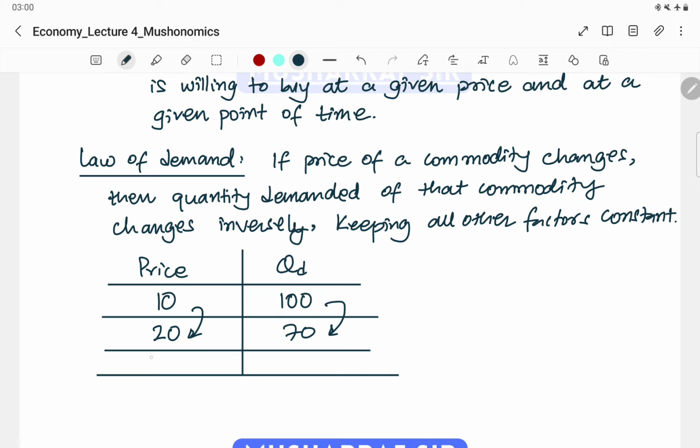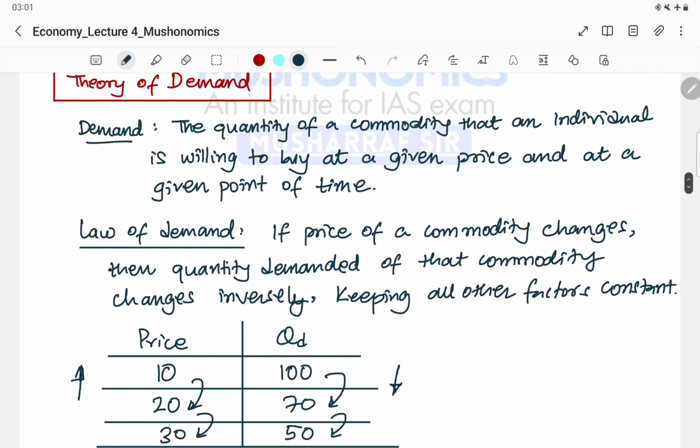Suppose price further increases to 30. So if price is rising from 20 to 30, again the quantity demanded will decrease, for example from 70 to 50. So as price is rising, quantity demanded is decreasing. So this is known as law of the demand.